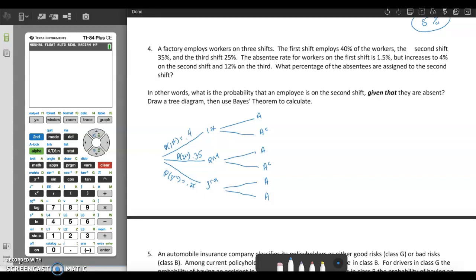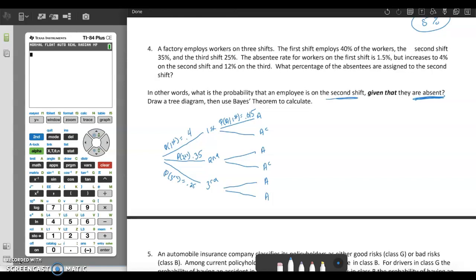So if you are on the first shift, this is the probability of being absent given that you are on the first shift, that is 1.5% or 0.015. And look, I'm only going to label the ones that I'm interested in. Since I know that I am interested in the probability that they are on the second shift given that they are absent, I'm not even going to worry about labeling my non-absent branches.